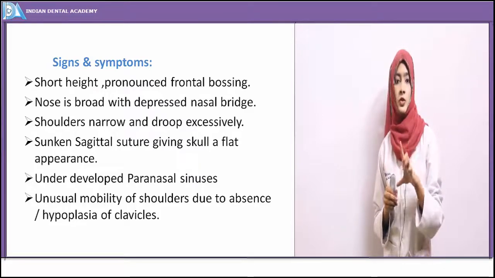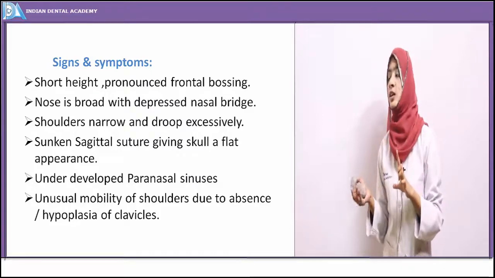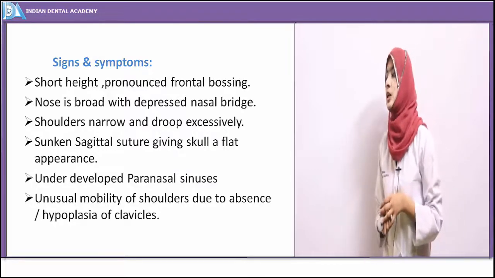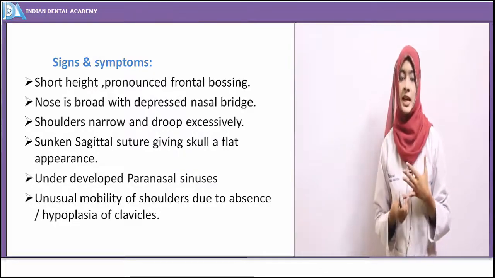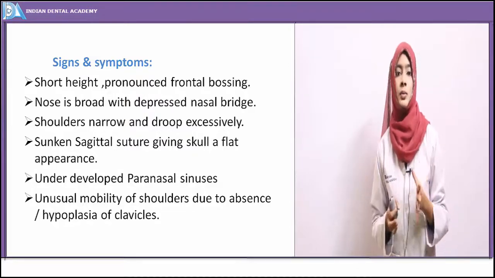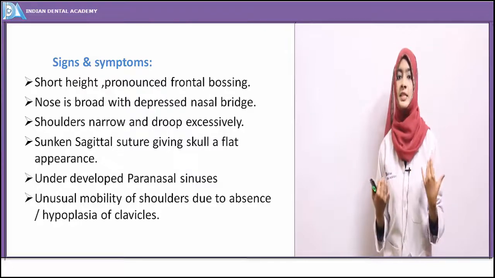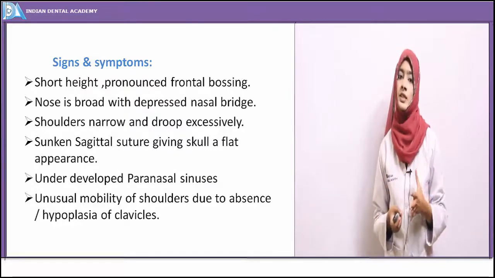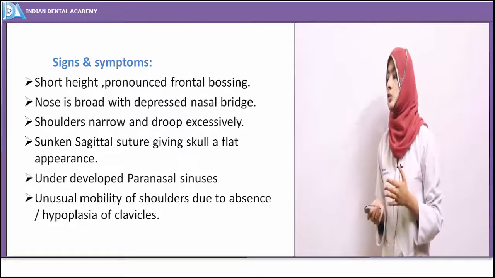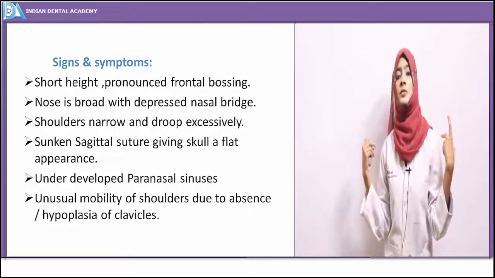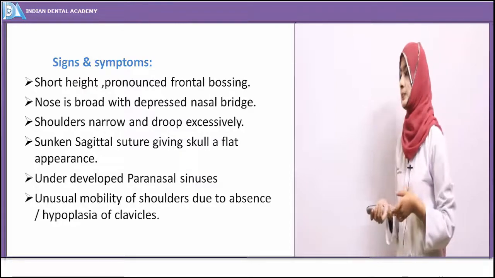Because of failure of sutures to close, frontal bossing, that is the extreme appearance of the frontal bone, is seen. Then the nose is broad with depressed nasal bridge. The shoulders droop excessively because of the absence of clavicle, and unusual mobility is seen.